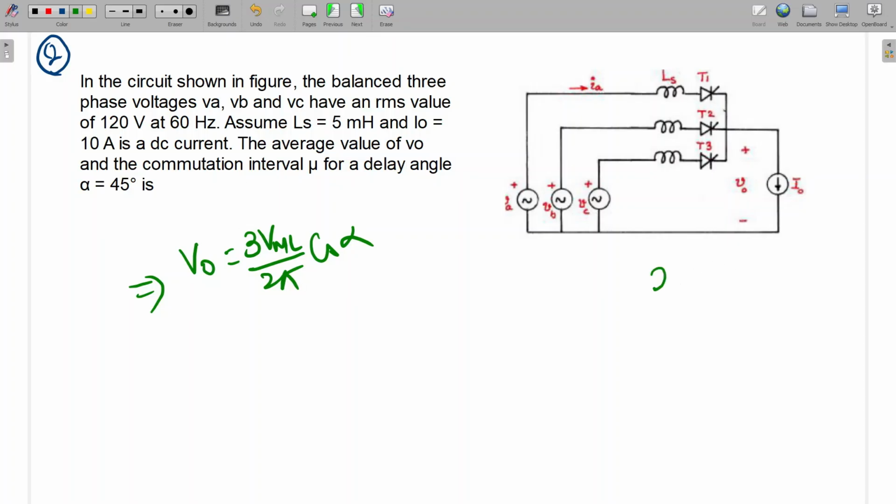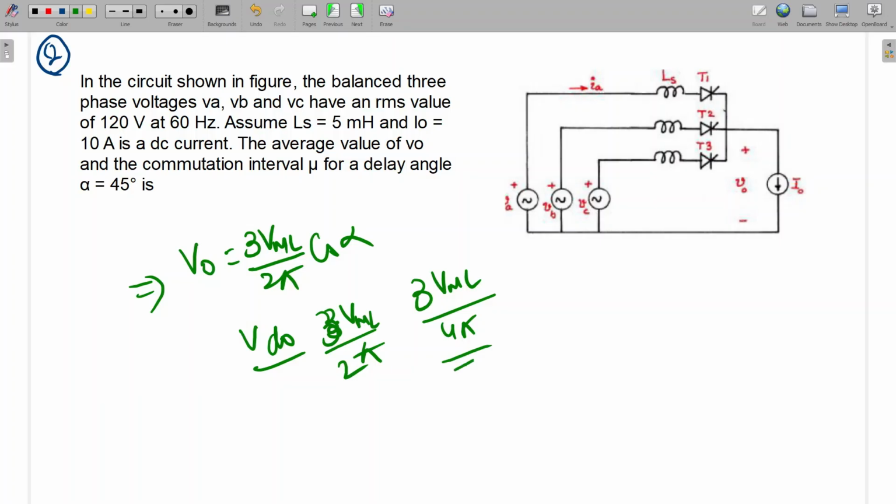For full bridge, it will be 3 VML upon pi cos alpha, I think. For this kind of converter, it is 3 VML upon 2 pi cos alpha. So what will be Vd0? Vd0 will be 3 VML upon 2 pi, and Vd0 by 2 will be 3 VML upon 4 pi. Is it clear?